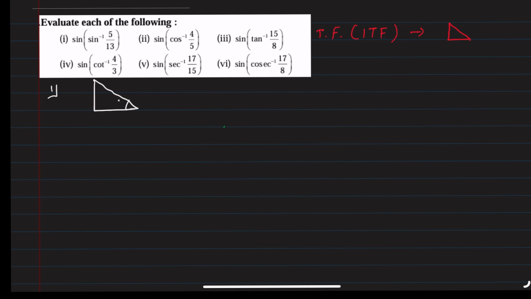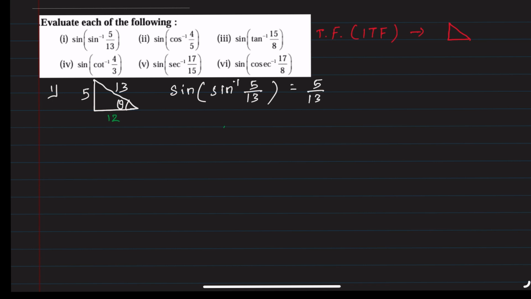The value given is of sine, so this is opposite upon hypotenuse. So according to the triplet, the value should be 12. So now this can be written as sine of sine inverse 5 by 13, which is nothing but equals to 5 by 13. Directly we can bring it out.